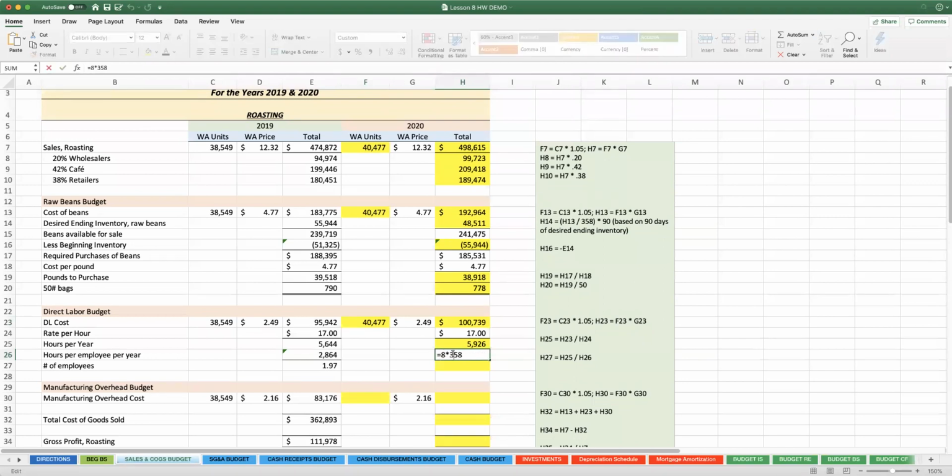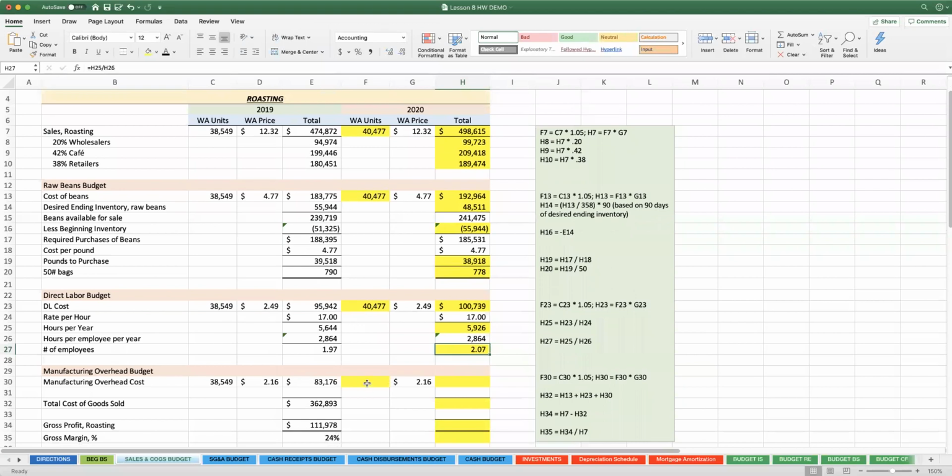So it took 8-hour days times 358 days to figure out the number of hours a person works in a year. And if you divide that, you'll get the number of employees you need. So you're still hovering around 2. You should be fine. You shouldn't need to hire anybody else to meet your sales goal increase, which is great. That means you can use your existing capacity to meet this increase in demand. It's not a huge increase.